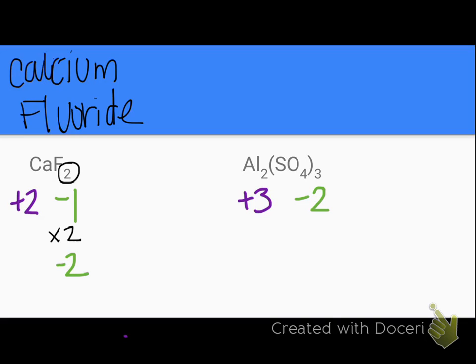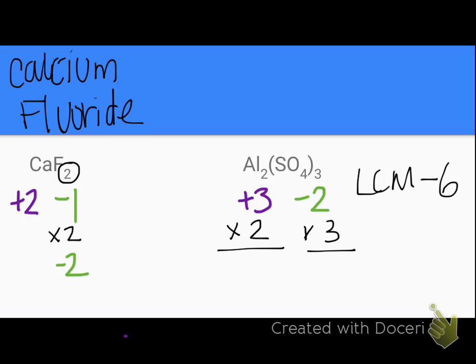All right, +3 and -2 don't cancel each other. So this is where you're going to have to do some math. We're going to find a least common multiple. Our least common multiple between 3 and 2 is 6. So I'm going to multiply my +3 by 2, and I'm going to multiply my -2 by 3 to get a 6 and a 6.